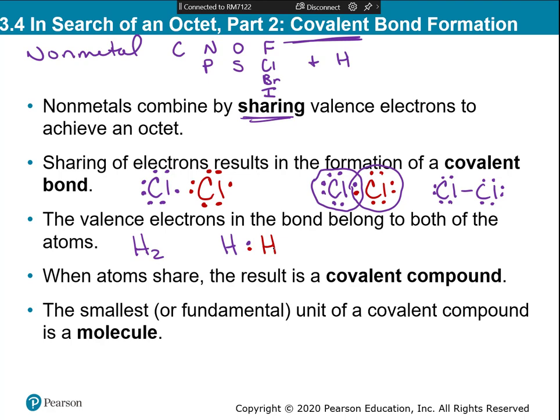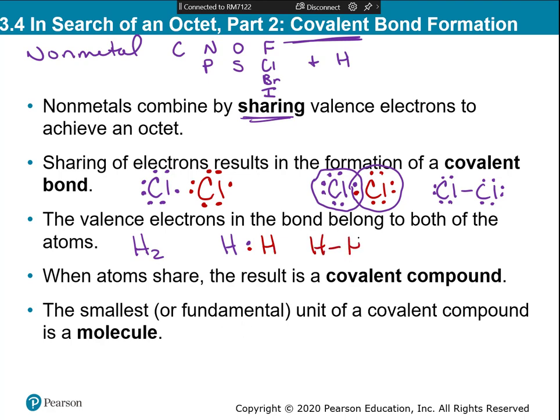What did we say? Hydrogen only needs 2, right? Because 2 makes it like helium. Hydrogen has 1 electron, but 2 is going to make it stable. That's why helium's a noble gas with 2. And so that creates that stable, not octet, the stable pair for hydrogen.